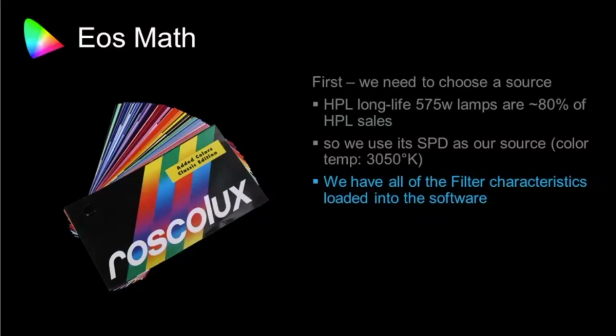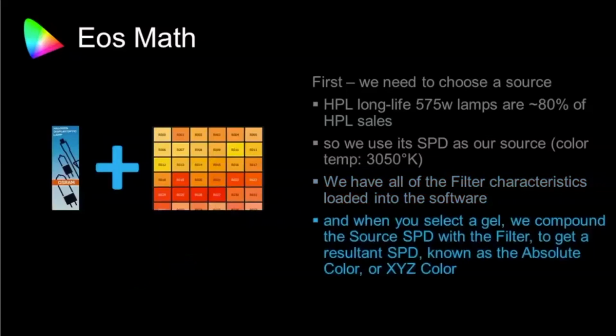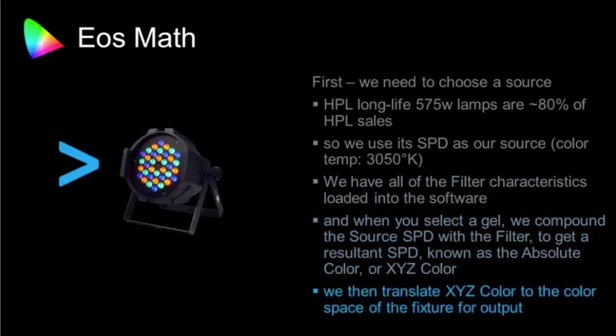In the software, we're taking our source and pushing it through the filter and getting the resultant spectral power distribution, which we call the absolute color or the XYZ color, right? So we take our source, put it through the filters you select, and get the XYZ color. Then once we have an absolute color, we worry about translating it to the type of fixture in the color space for output.